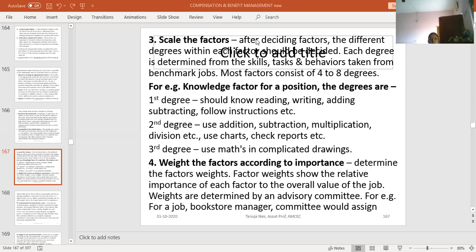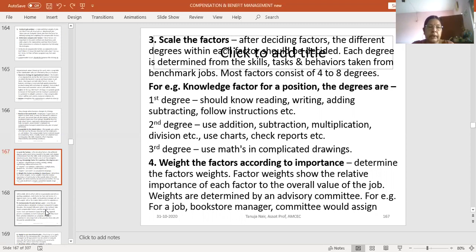How much weightage to be given for each factor is determined by an advisory committee. So for example, you take a job of a bookstore manager. He has to manage the bookstore. What are the compensable factors the advisory committee will fix for the job of bookstore manager?